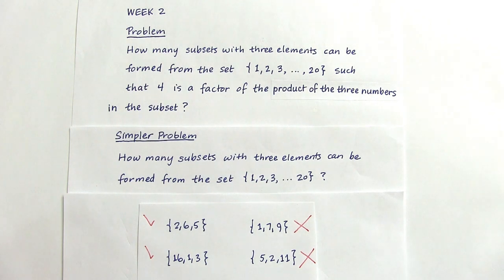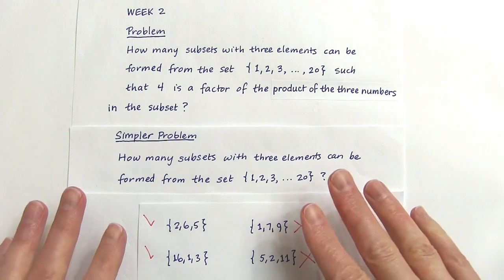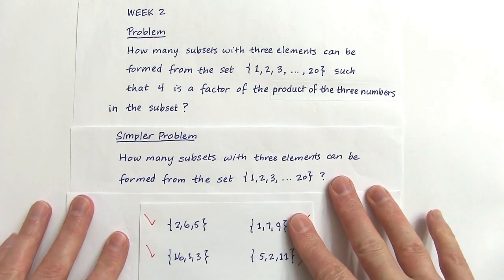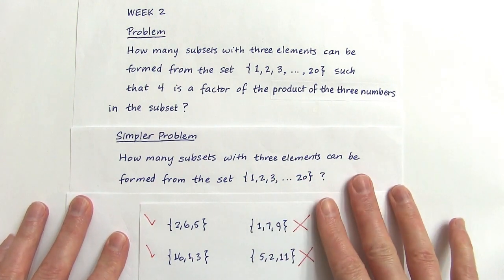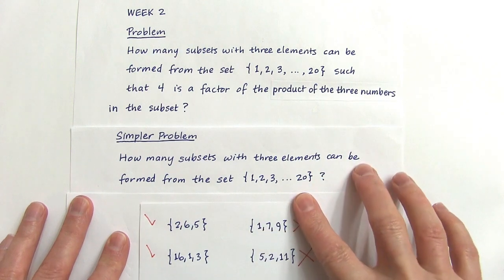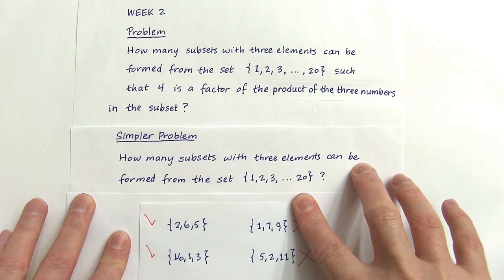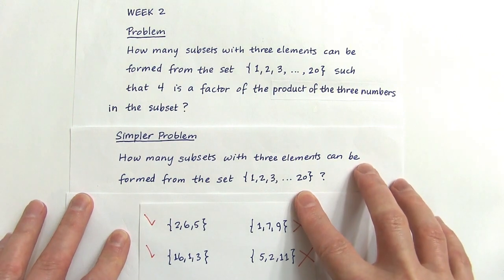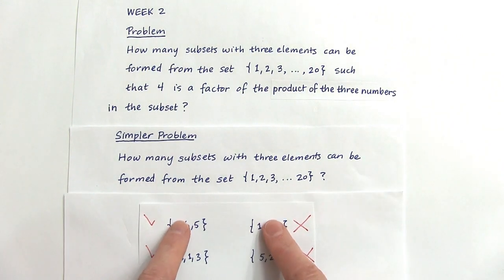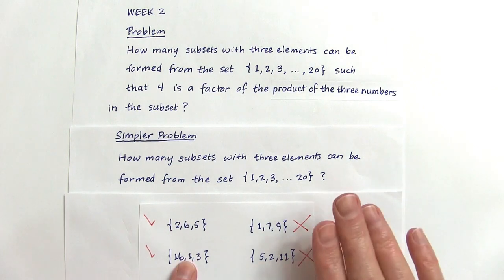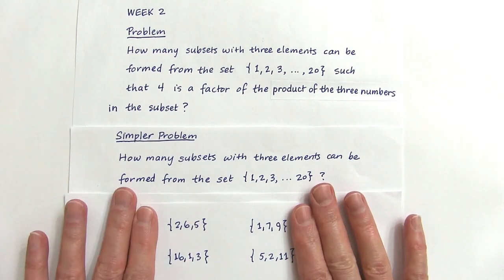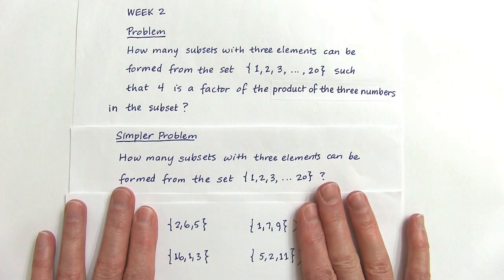A similar but simpler problem would be as follows. How many subsets with 3 elements can be formed from the set of the first 20 counting numbers? So we would be asking how many subsets like this can we form, regardless of whether the product can be divisible by 4 or not.